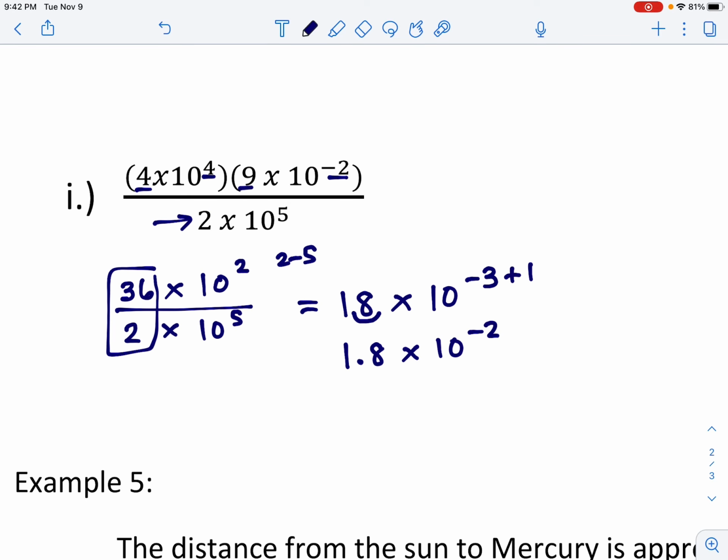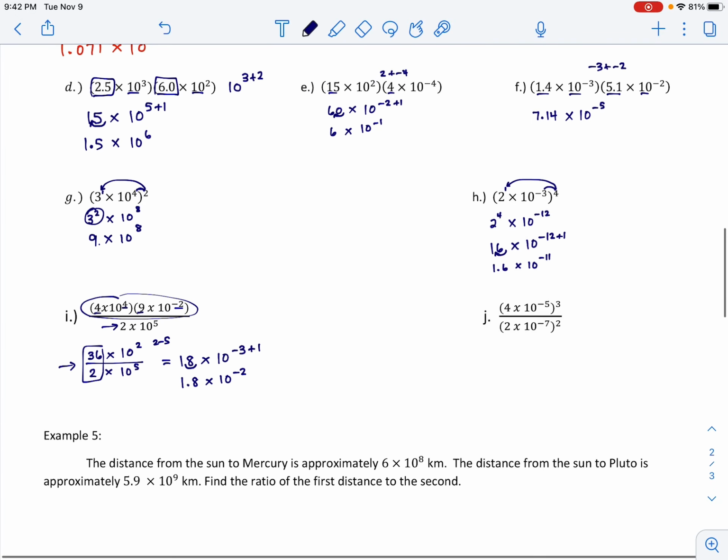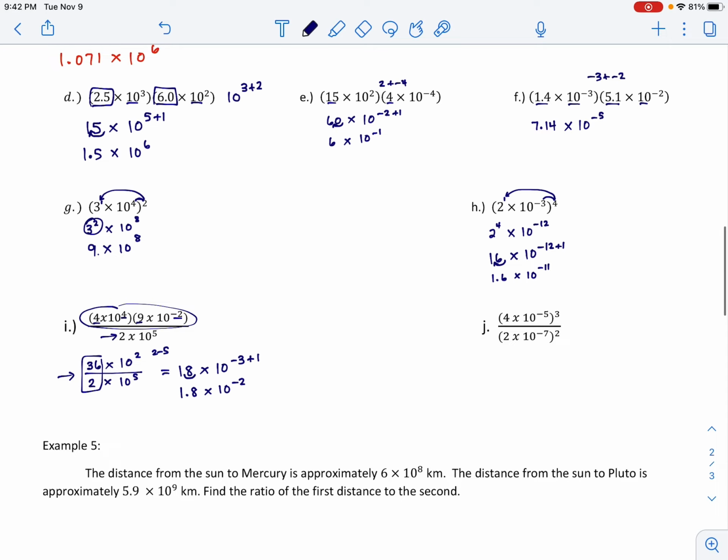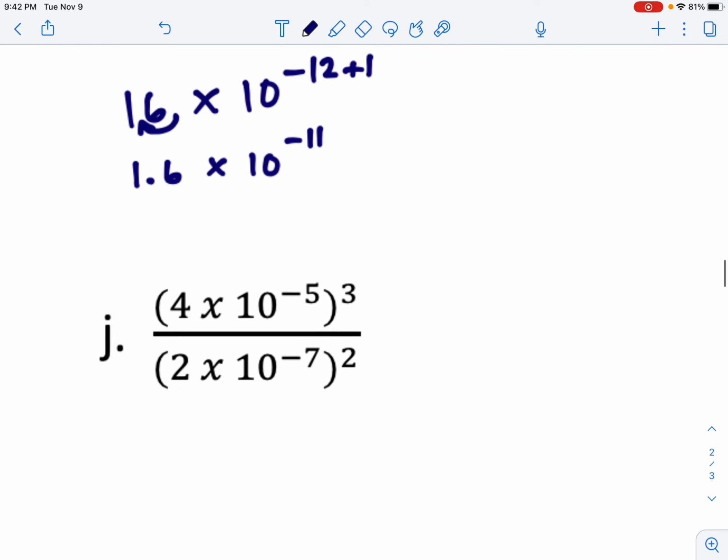Okay, so all we did on those ones is we just did them separately. We did the multiplying part first, and then we did the division of those second. So we just combined the steps together. All right, for J, this one is your power rules. So we're going to take our 3 and we're going to put it to the 4.